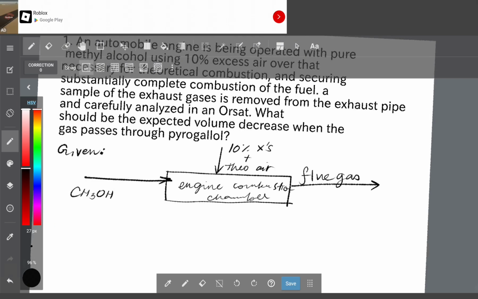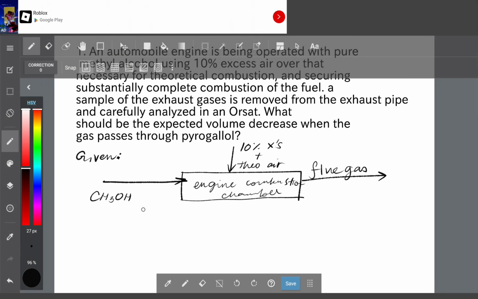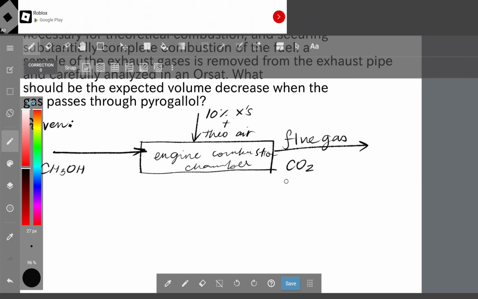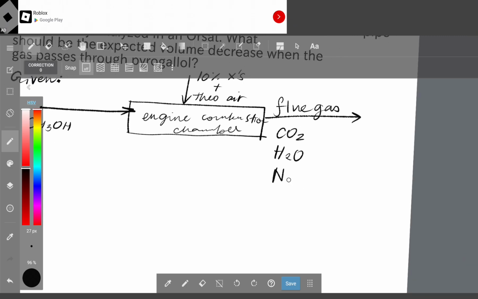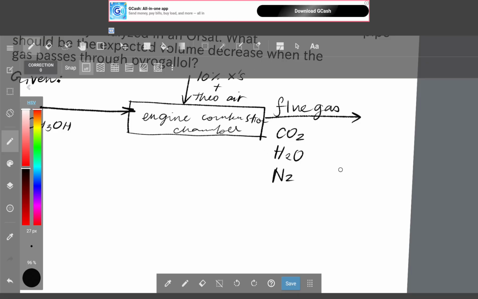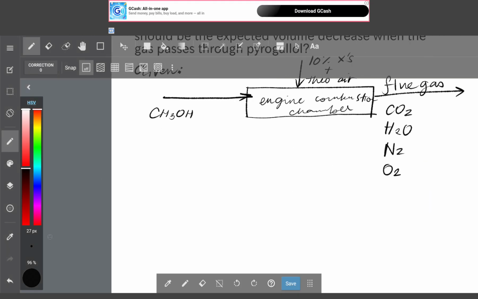Now, since this is a complete combustion, all of the fuel is converted into CO2, H2O, N2. I mean, the fuel isn't converted into N2, but it's part of what comes out as one of the components of the flue gas. So, yeah. And also, the excess O2 also comes out in the flue gas.